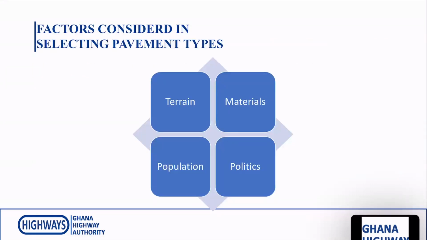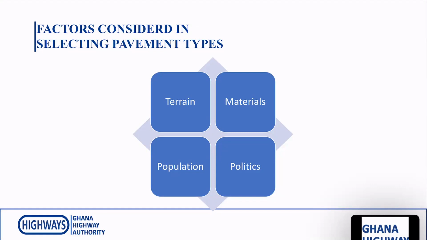Now, there are certain factors that we consider in selecting the pavement types. And these are the terrain, where the road is passing, you determine which kind of pavement you need. If you have to use stabilized material, or you have to use existing material, or you have to have an embankment, the terrain will determine that. The materials that you use are very important, because it's not economical to be importing materials from long distances.